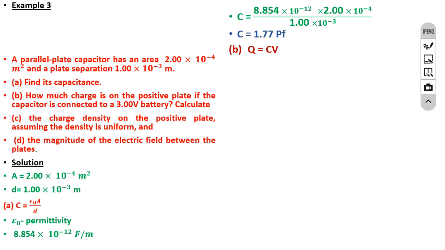So to get the charge, we use this expression, substitute the given value for C and then the value for V. We converted the pico to 10 to the power minus 12. So we get Q equals 5.31 times 10 to the power minus 12 C.